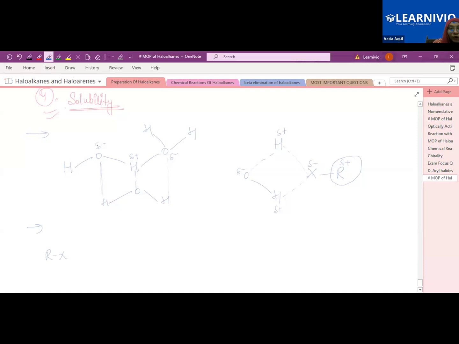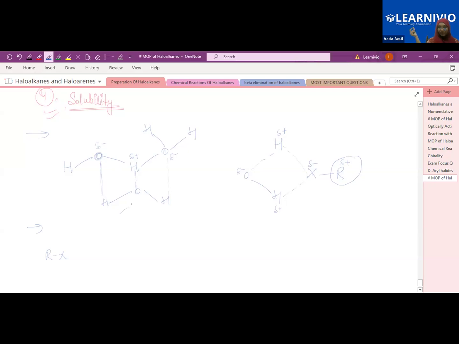So this oxygen will acquire a negative charge, and this negative oxygen will try to make a bond with the positive part of the other water molecule. So this oxygen and hydrogen, again this hydrogen and oxygen. This type of bond formation you will see in the water molecules, which is the hydrogen bond.